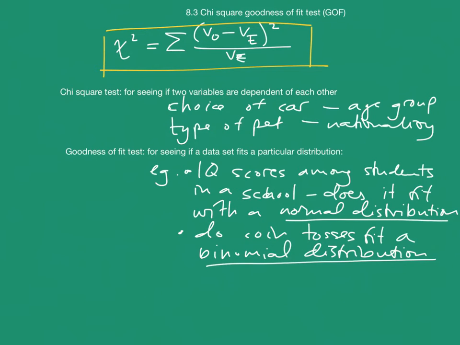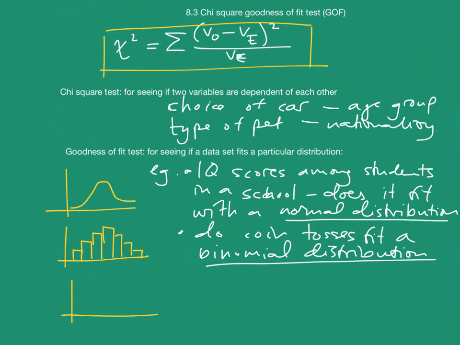And just to remind ourselves how these distributions look different: the normal distribution has this bell curve. The binomial distribution is like a histogram with these bars. And the last one is what we call a uniform distribution, where all the probabilities are equal.